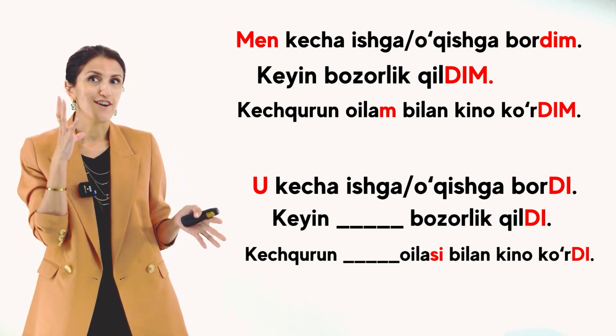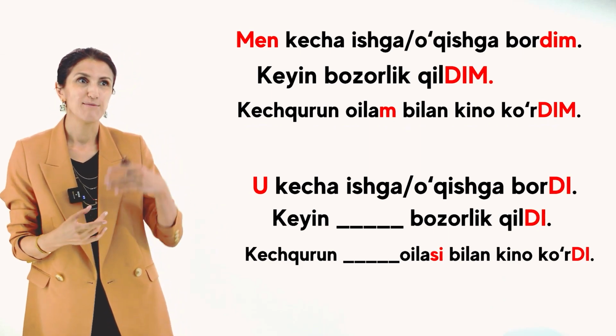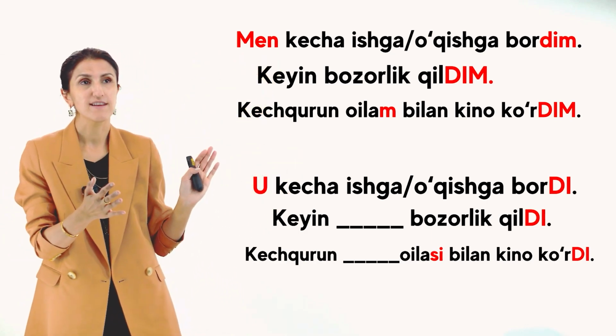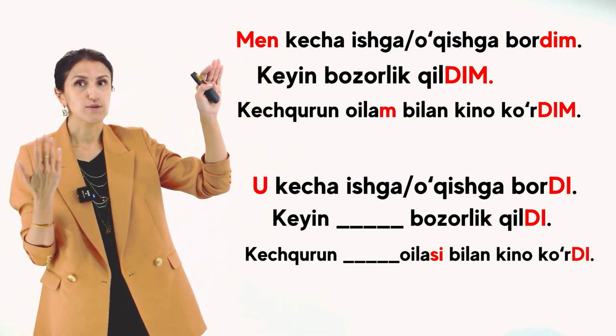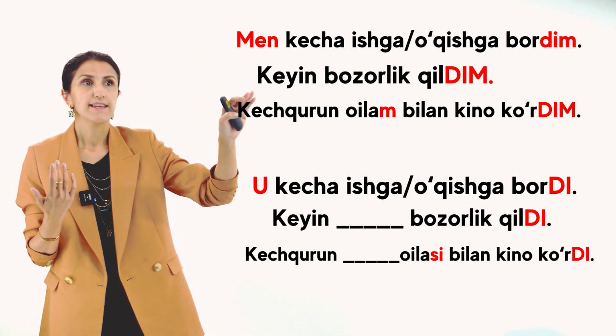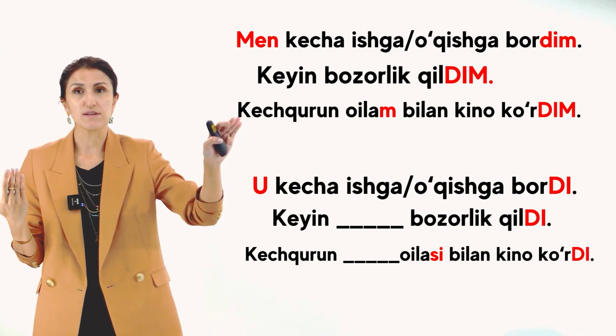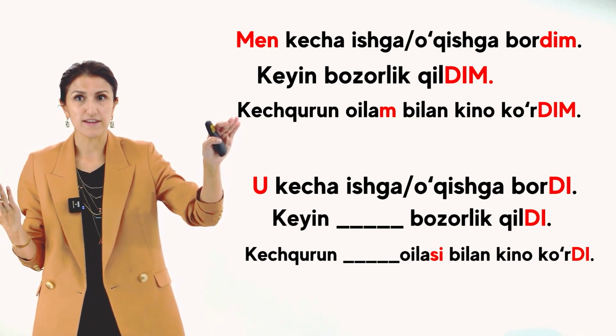Now, let's put all these together. Men kecha o'qishga bordim. That's the whole thing in the past. Yesterday, I went to work or to school. Keyin bozorlik qildim. Then I went shopping. Kechqurun oilam bilan kino ko'rdim. Then in the evening, I watched movies.